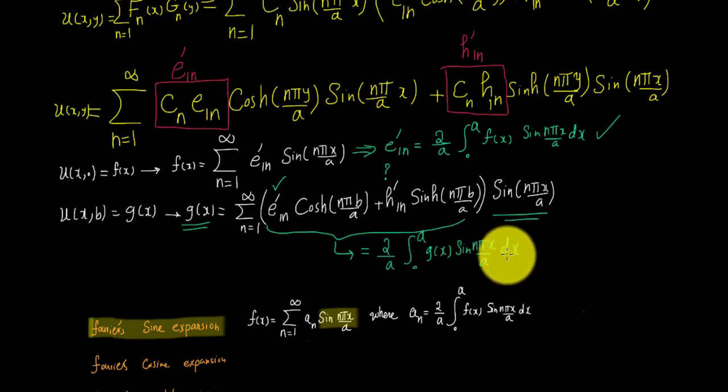Once you take this integral, you can subtract it from this term and divide it by sine hyperbolic, and this will easily give you h prime 1n.